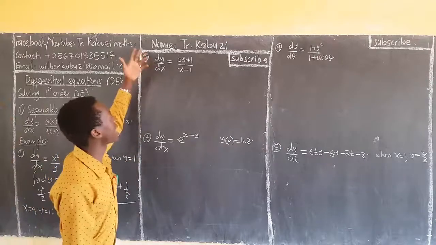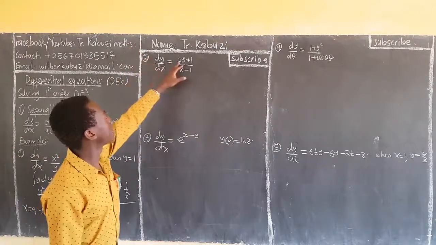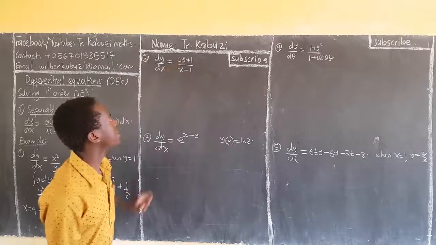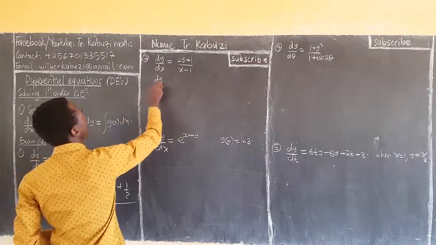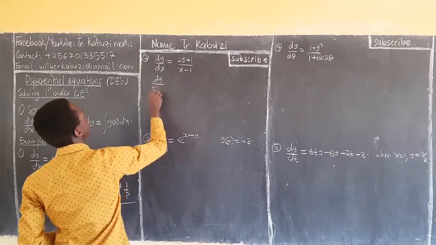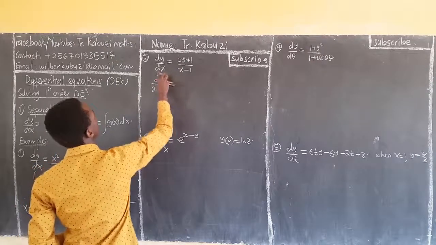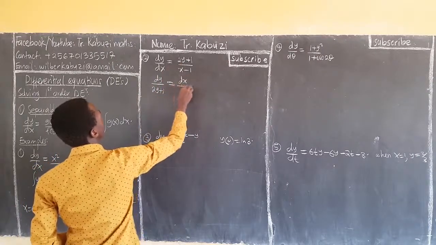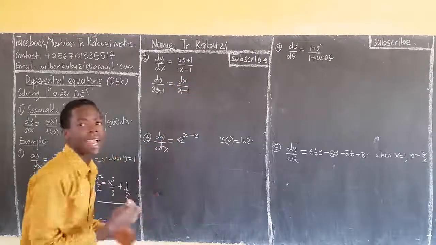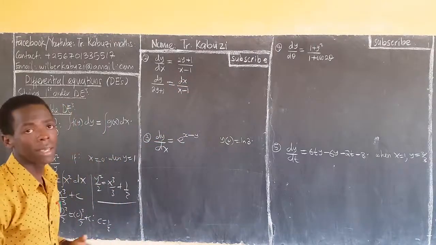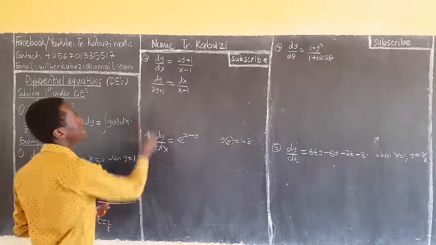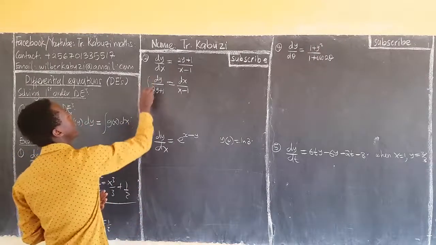When I come to this, I do the same. Can I separate? This side can easily take this side and I take this side. So now this one I divide this side, equaling to 9 on the other side over x minus 1, so that I can easily separate. That's why I call it a separable ODE. Then after separating, we integrate.